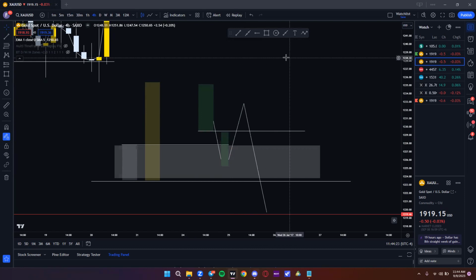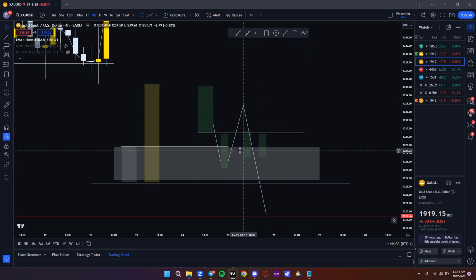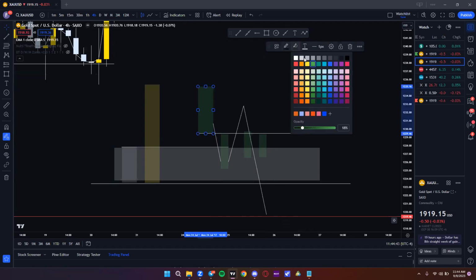And then it could be just in the form of a wick rejection, something like this and then this. So it will be a bullish candle. Oh no, because these are supposed to be gray.